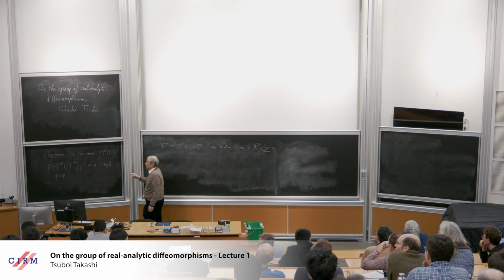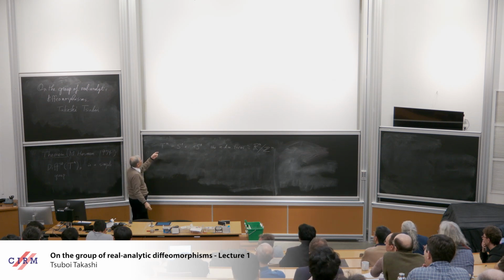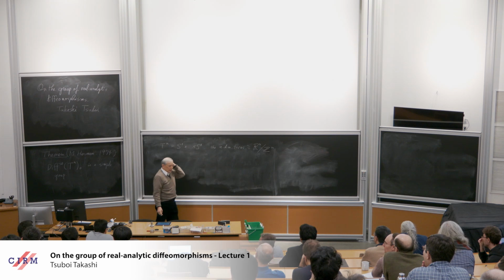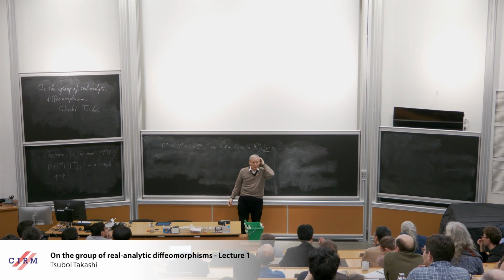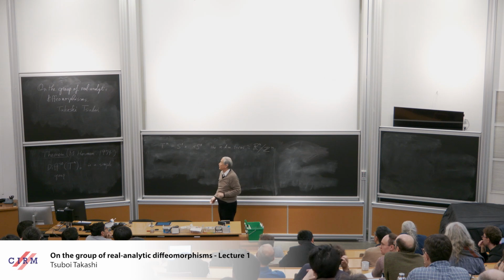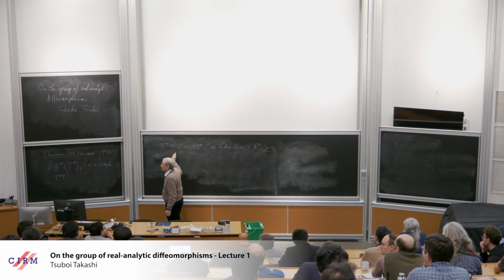So this part is okay. We all learn that it is a manifold, an n-dimensional manifold. So you can think about the diffeomorphism of T^n to itself.